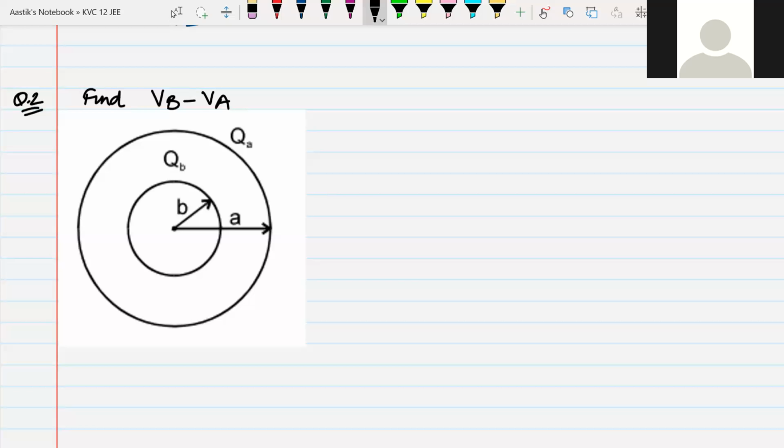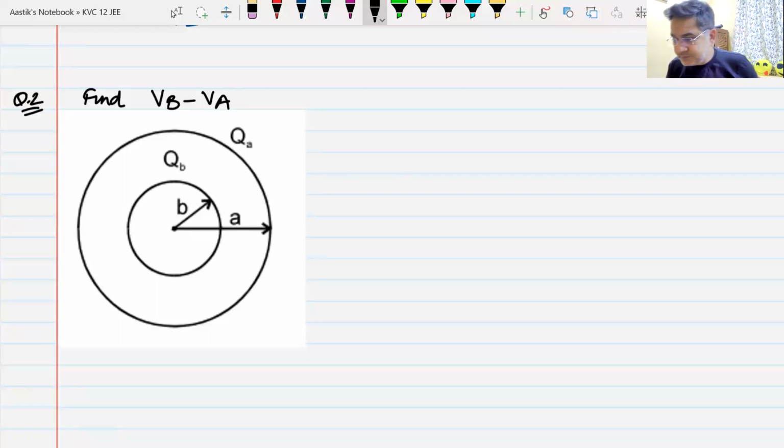K QB into 1 by B minus 1 by A. That is absolutely correct.